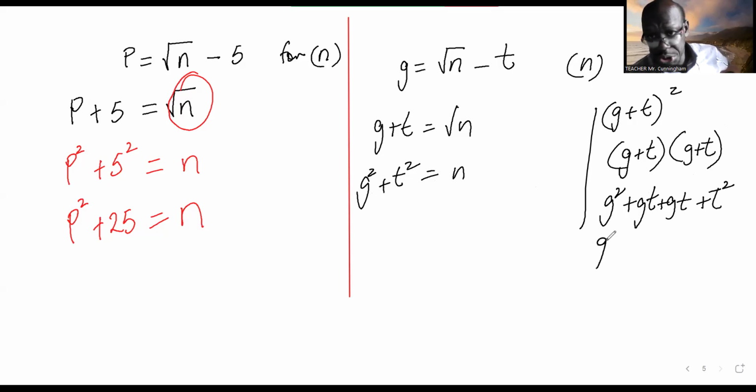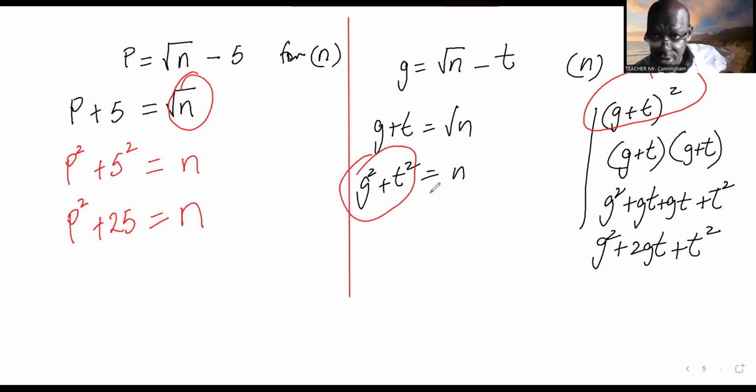So that will give you G squared plus 2GT plus t squared. So if you give me this, that's not correct. You had me thinking there, boy. All right, you have to leave it like this. This and this are two different things.